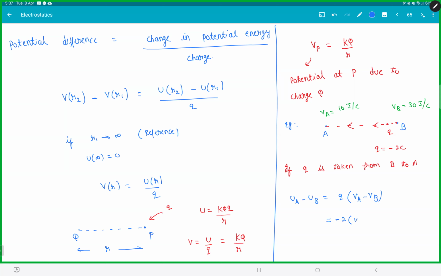This is minus 2 into (10 minus 30), which is 40 joules. It means if you want to take this minus 2 coulomb charge from B to A, you need to provide 40 joules.